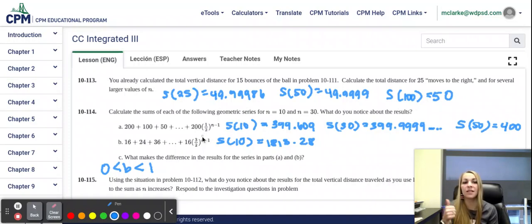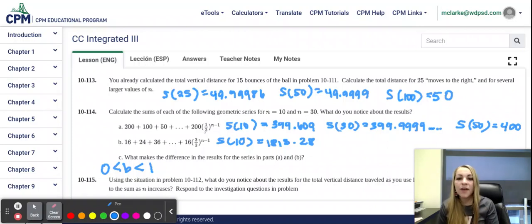We have a multiplier that's 0.6. That's between 0 and 1. Here we have a multiplier of 1/2. That's between 0 and 1. So when my multiplier is between 0 and 1, these numbers are going to get so small that the decimals don't matter. So when I add something like 0.0000000000, it doesn't affect my number in the grand scheme of things, so I can approach a value.